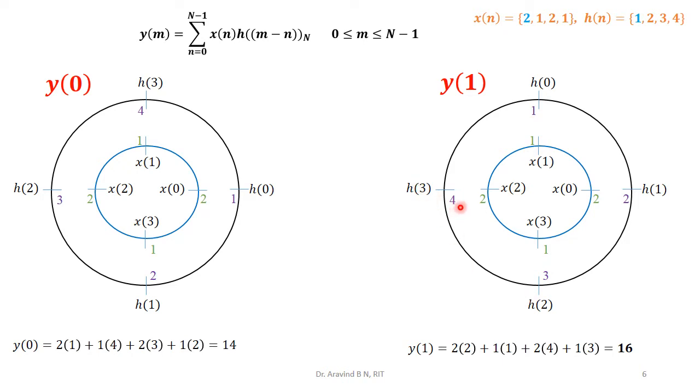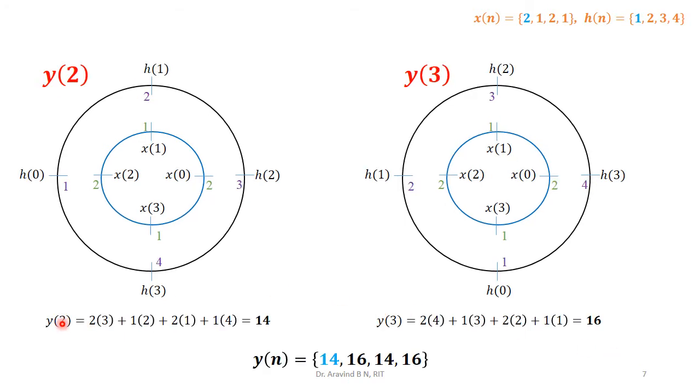Just with respect to their positions, make the multiplication: 2 into 2 plus 1 into 1 plus 2 into 4 plus 1 into 3. The same is written over here also. Its value is equal to 16.